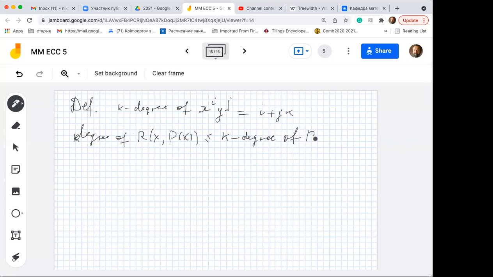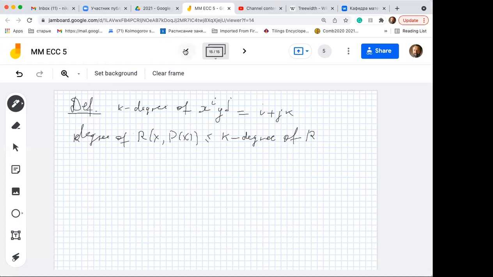That's because the degree of P is k, or at most k. So when we substitute P of X for Y, the degree of monomials gets multiplied by k, by j, sorry. And that's the motivation of the definition.